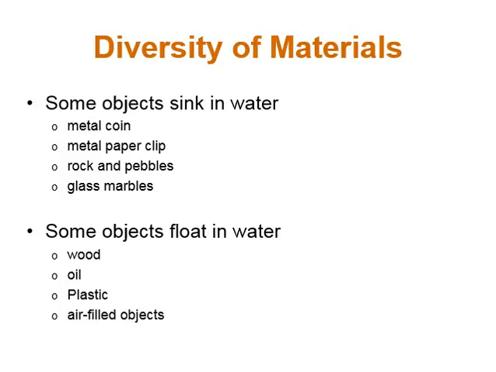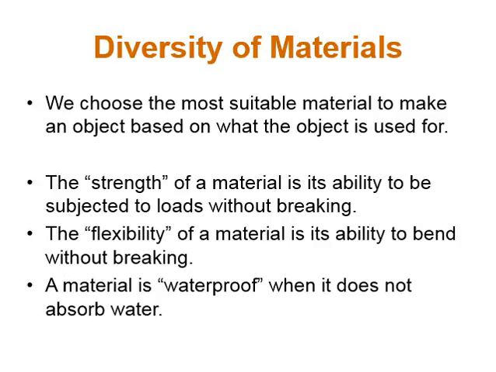Same goes with glass. But if it is made of just wood, then it tends to float. If it's just simple plastic with nothing else, then it will float. All right. Okay. We also know that we choose the material to make any object.